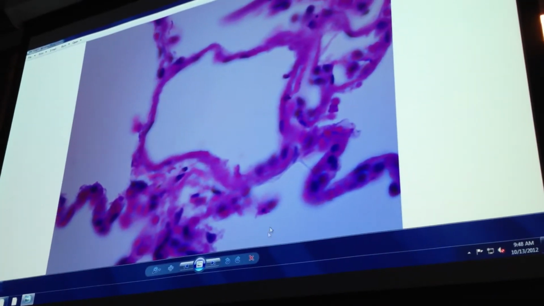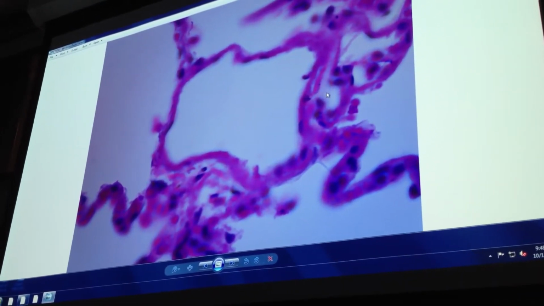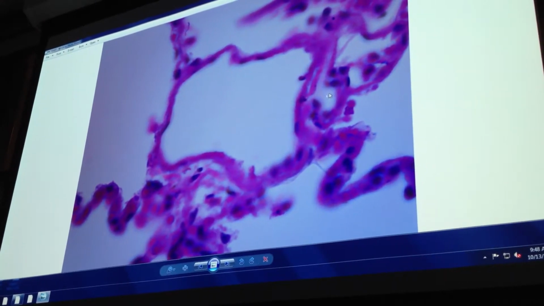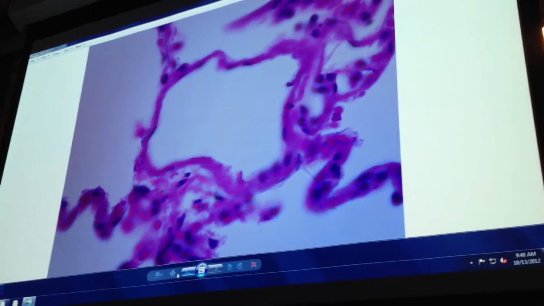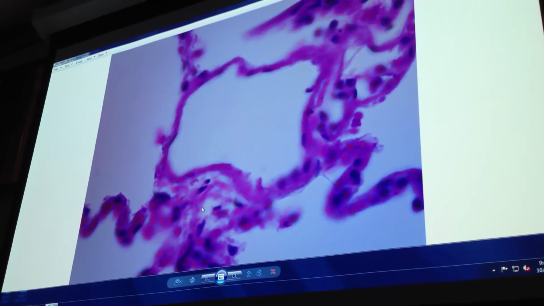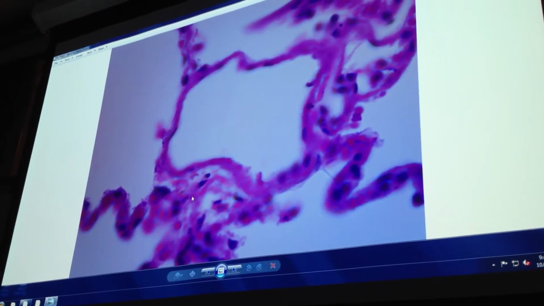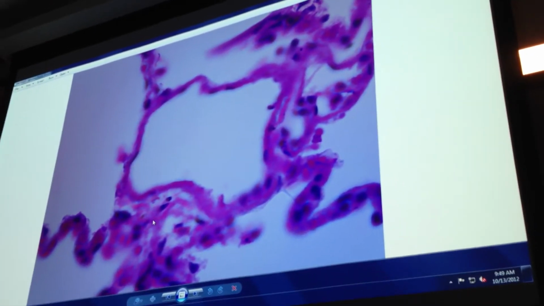Remember, oxygen goes from a higher concentration to a lower. You want carbon dioxide to go from a higher to a lower. Now, if you look in here, there's these guys. What type of fibers are in there? Elastin.